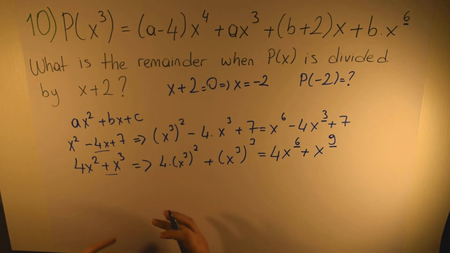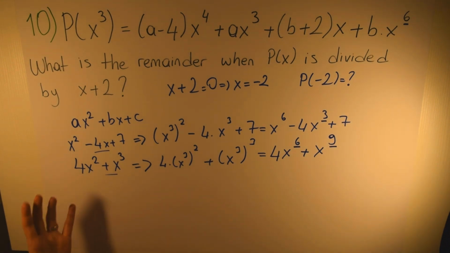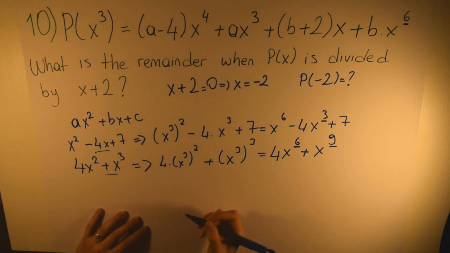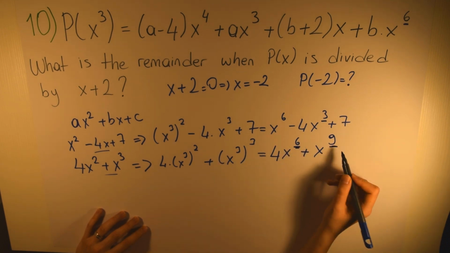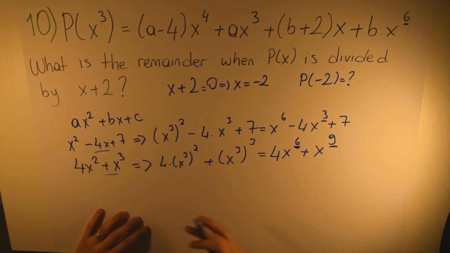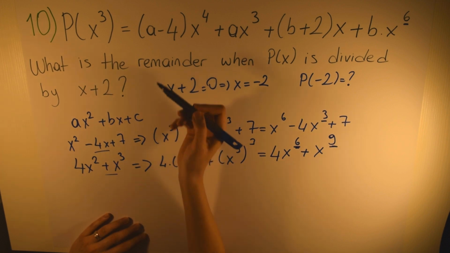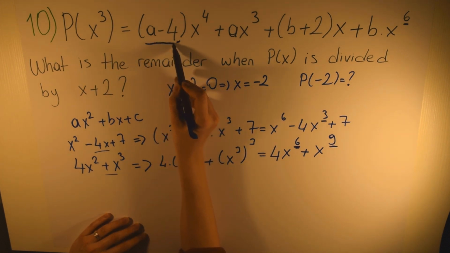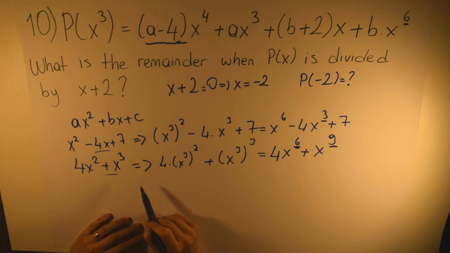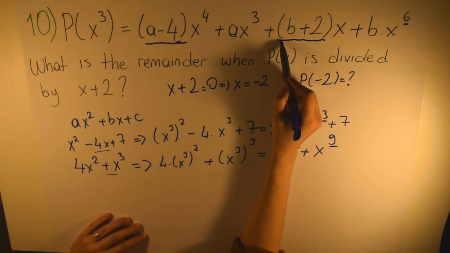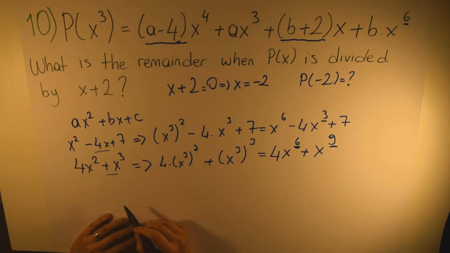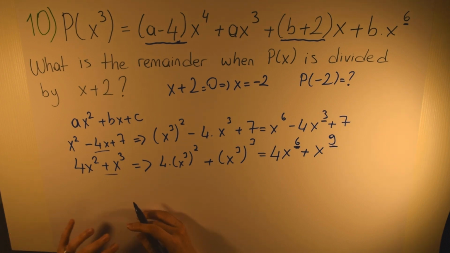You cannot get anything for 1, something like that. It has to be always like 6, 9, 12, 15, 3. You will always get these exponents, which means in our question this term has to be equal to 0. Also, this term has to be equal to 0 because they don't have any exponents which are powers of 3.